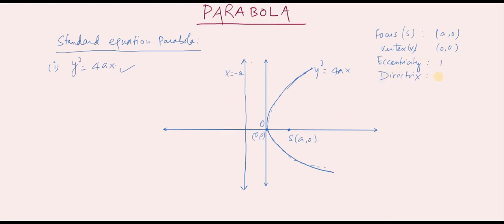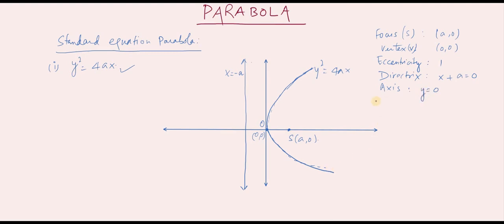Directrix is x plus a is equal to 0, or x is equal to minus a. The axis of a parabola divides it into two equal parts, or we can say the parabola is symmetric about its axis, and the axis of the parabola is obviously the x-axis, which can be written as y is equal to 0.